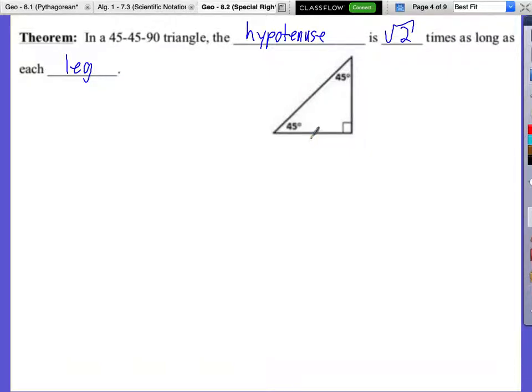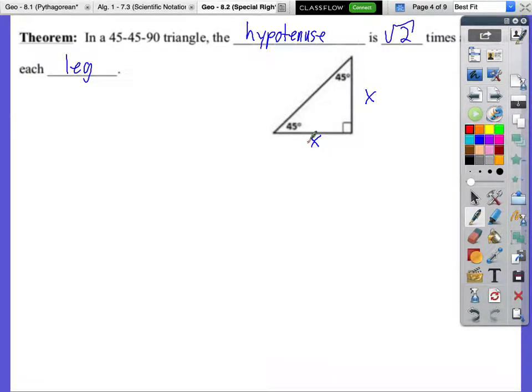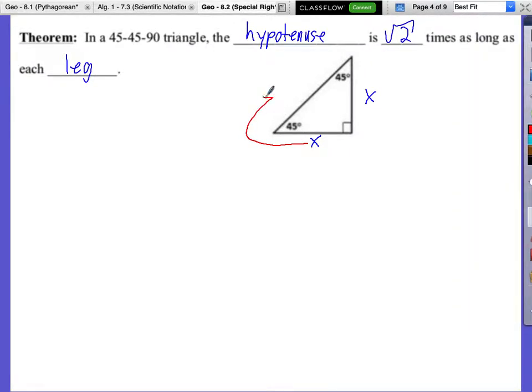If this leg here is x in a 45, 45, 90 triangle, what do you know about this leg? It's also x. Now, if I was trying to go from this leg to get to the hypotenuse, what would I have to do to the length of this leg? Multiply by the square root of 2.